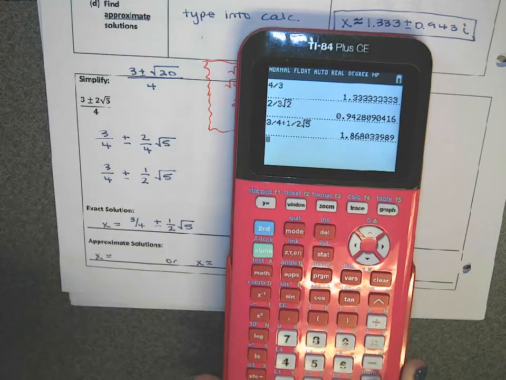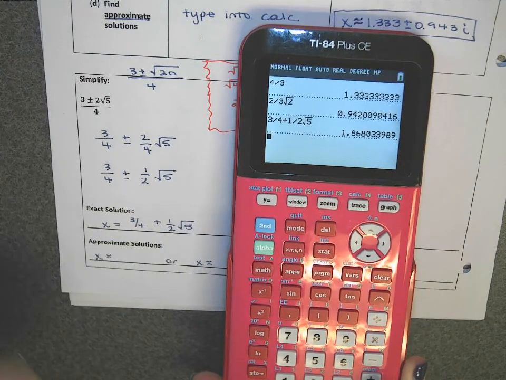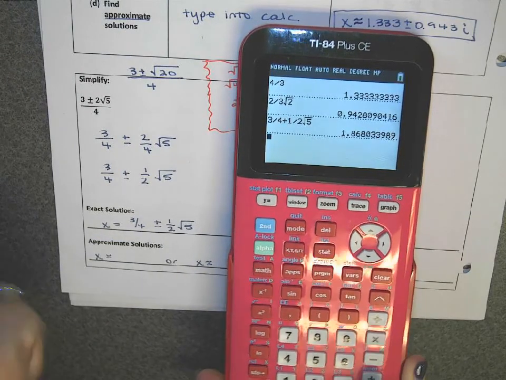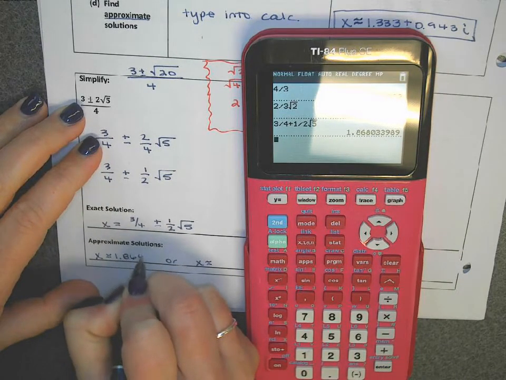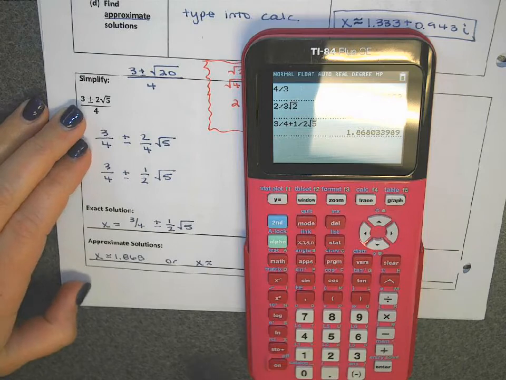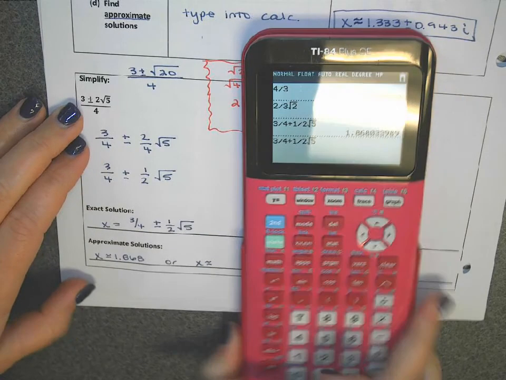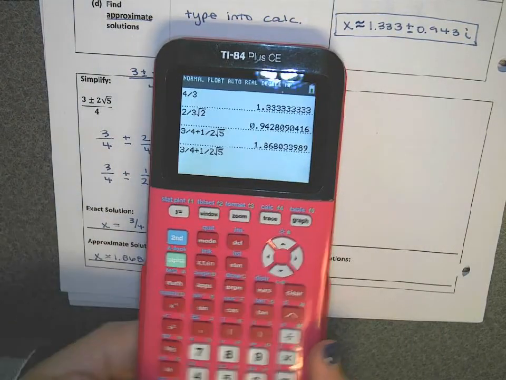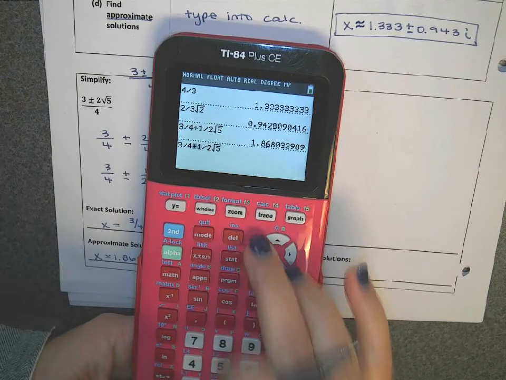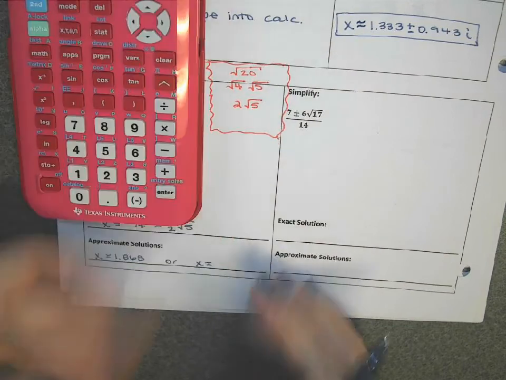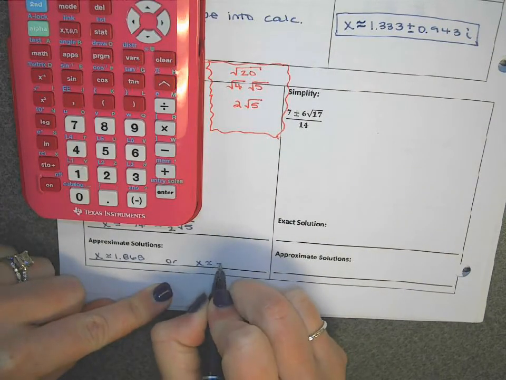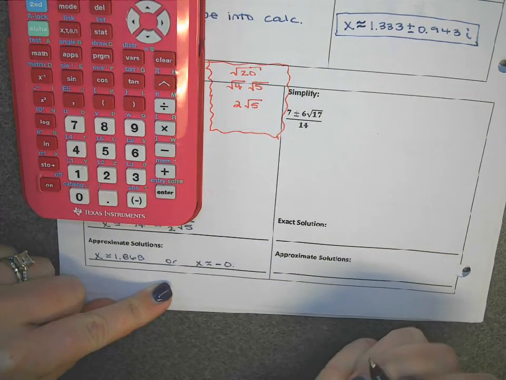When I hit enter, that approximate solution is 1.868. Or if you hit second enter on your calculator, the same problem comes up, and then all you have to do is change the plus sign to a minus sign, and you'll have, or x is approximately negative 0.368.